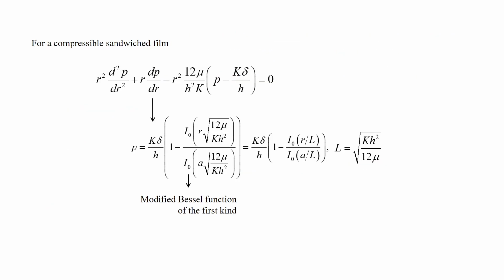We also extended this calculation to a compressible sandwich film, and for that case we derived this equation. The solution of this equation is given by the modified Bessel function of the first kind, where a is the radius of the disc, I0 represents the modified Bessel function of the first kind, capital K is the bulk modulus, h is the thickness, and mu is the shear modulus.